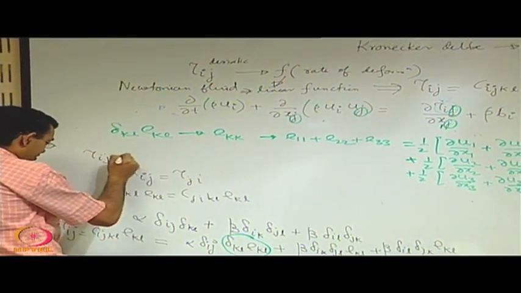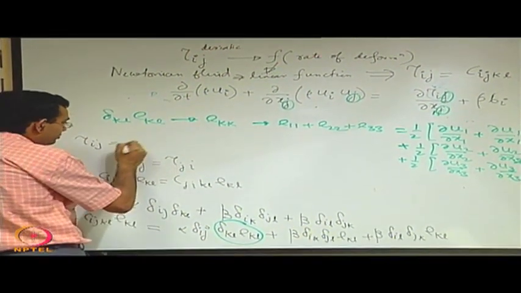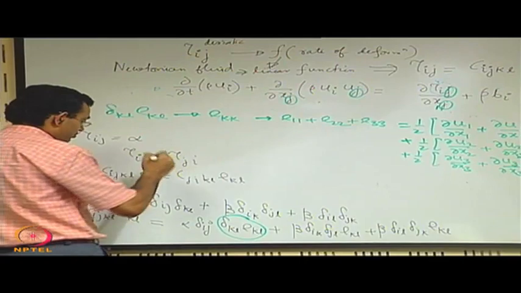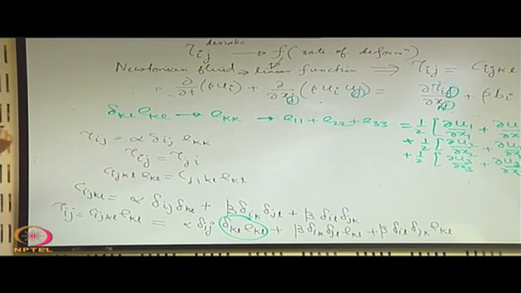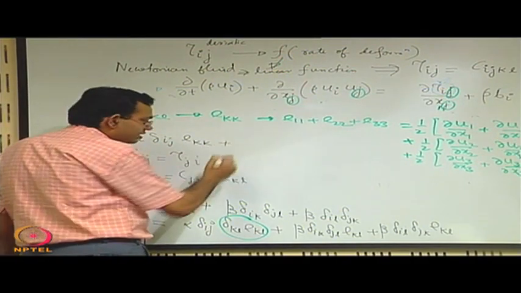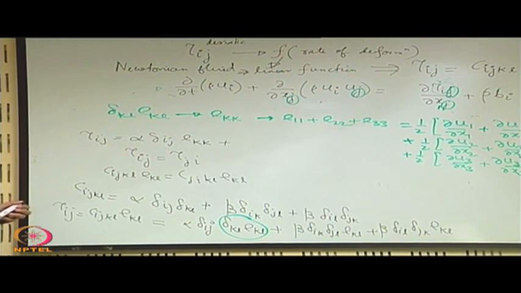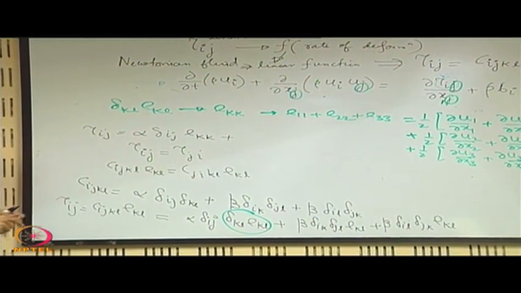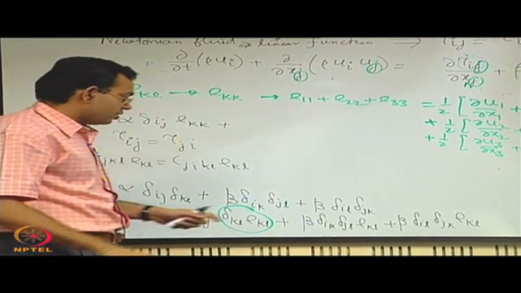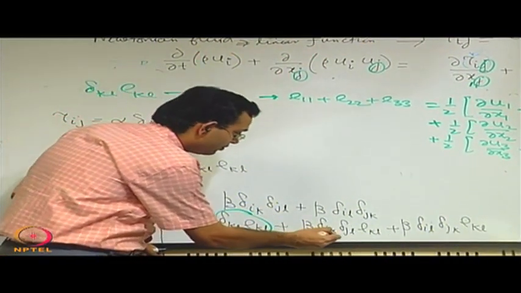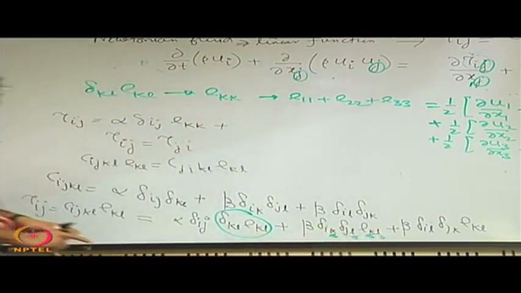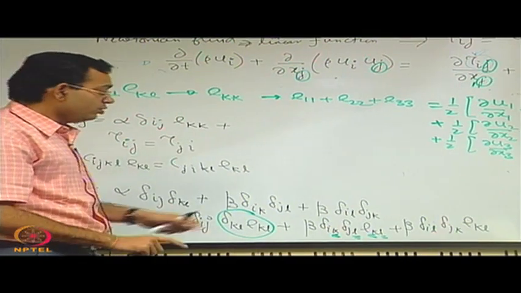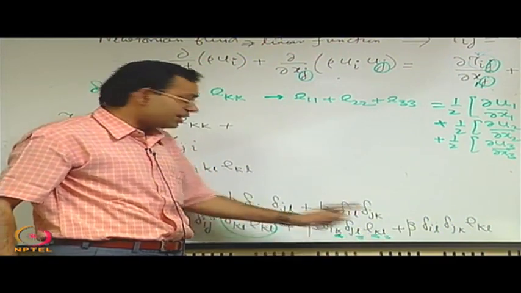So tau ij is equal to alpha into delta ij into ekk. Then let us write the next terms. In the next terms you see what are the indices that you play with here. What are the repeated things? You have k as repeated and l as repeated. So there are special cases of k and l when this term is non-zero. What is that?